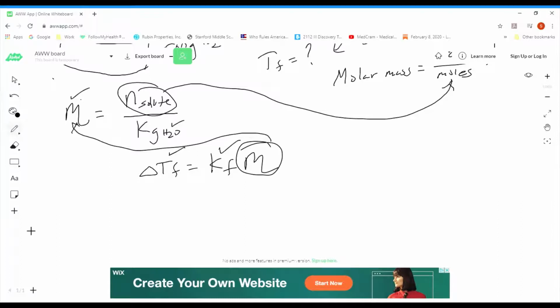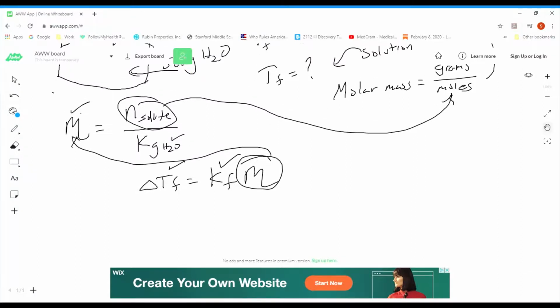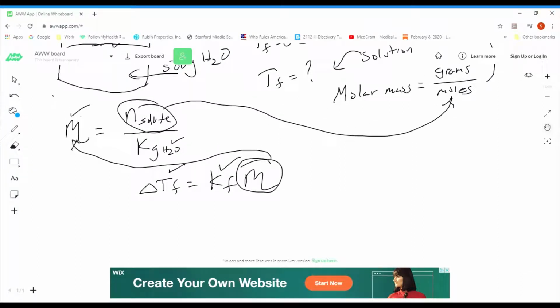And since we know the grams, which we already measured, 20 grams, and now we know the moles, we can get grams per mole. So this helps us get this.